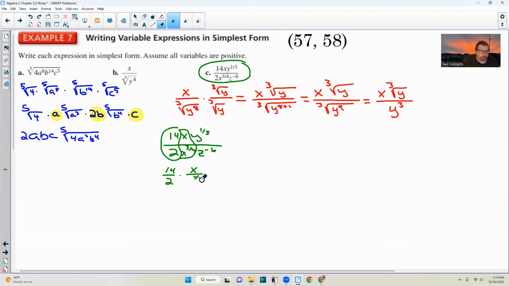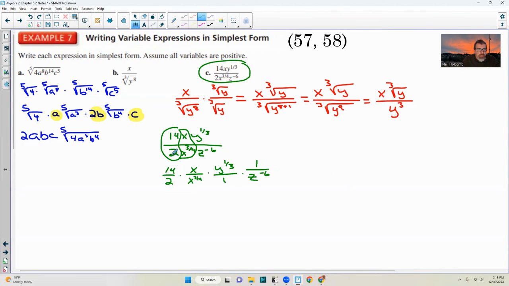It's hard to write this small with this pen. Oops. So it's x to the 3/4. Okay, times y to the 1/3 over, there's no y in the denominator, so I put a 1, times, there's a z in the denominator, and there's no z in the numerator, so I put a 1.